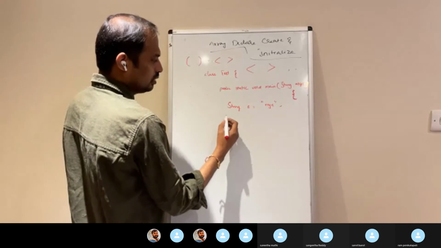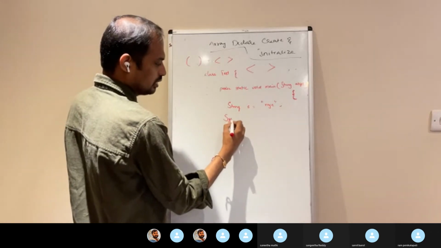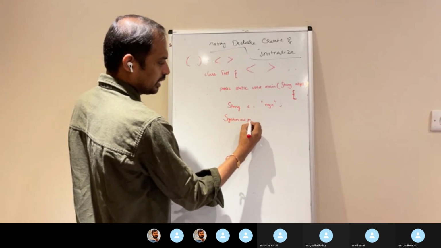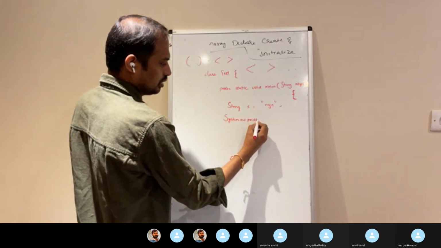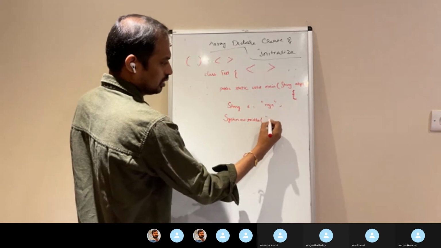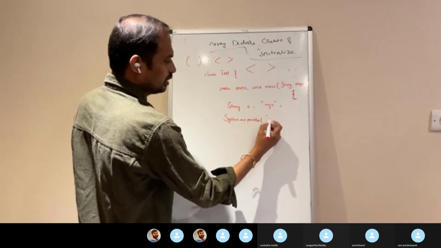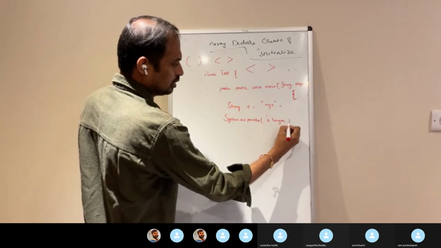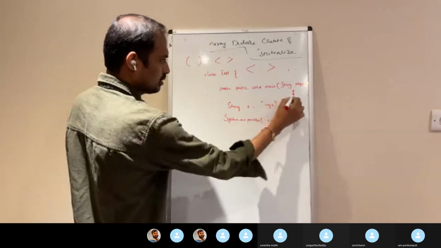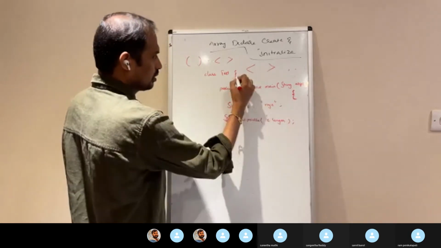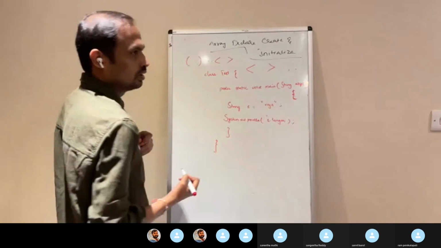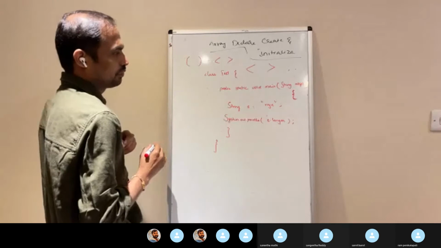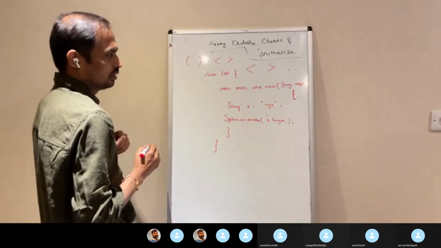Now System, capital S, dot out dot println, s dot length. Close this, close this square bracket. Okay, this is one program.